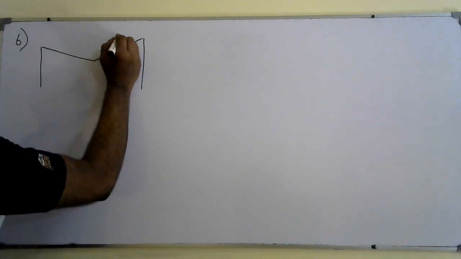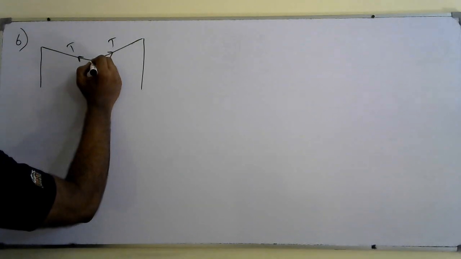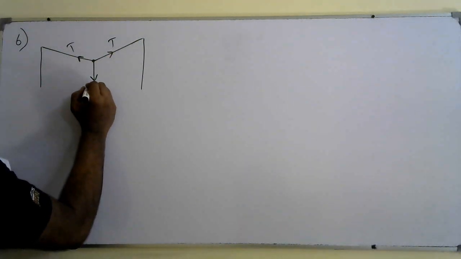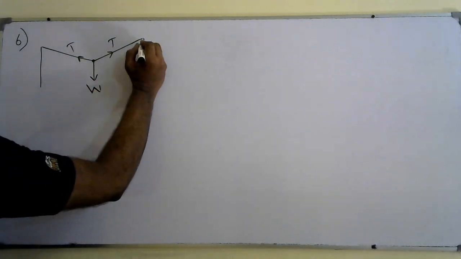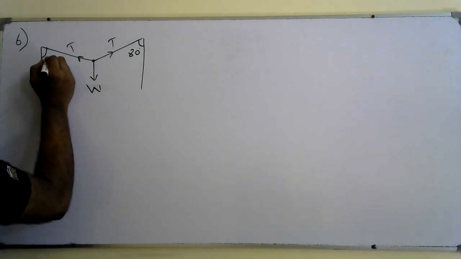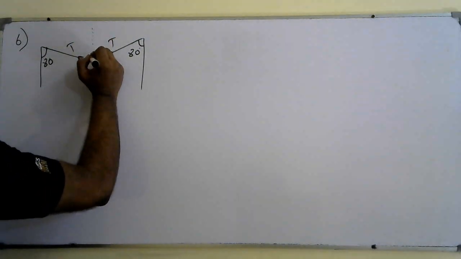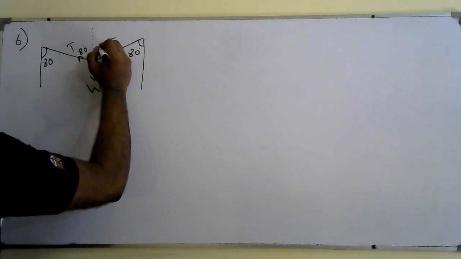Here there is tension, here there is tension, and here the bird is sitting. The push by the bird is equal to its weight W. These angles are 80 degrees. If you draw an extended line, by alternate angles, this will be 80 and this also 80.